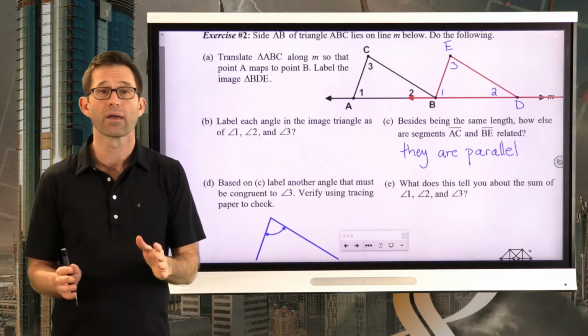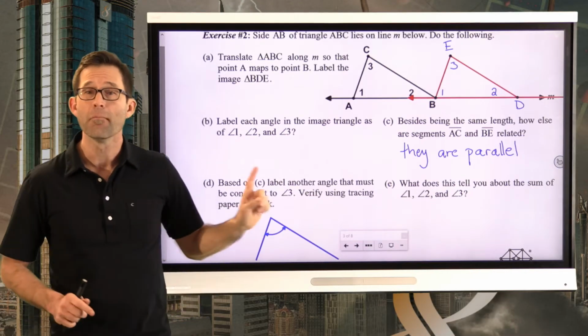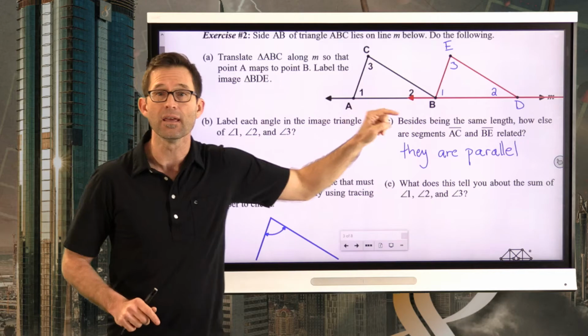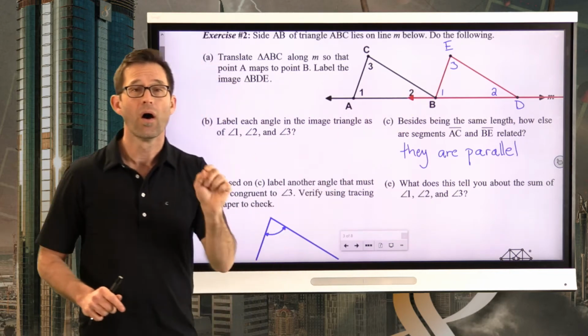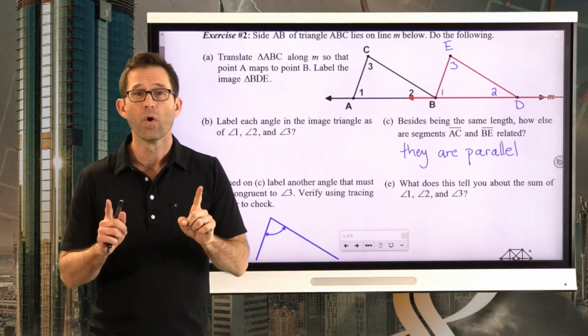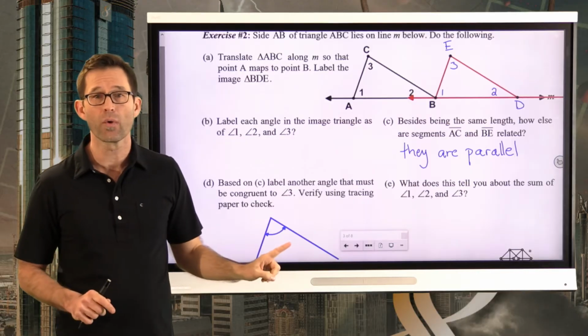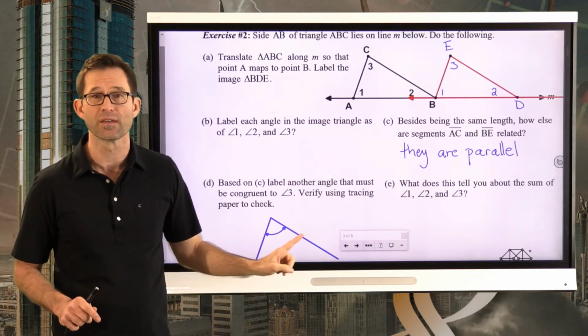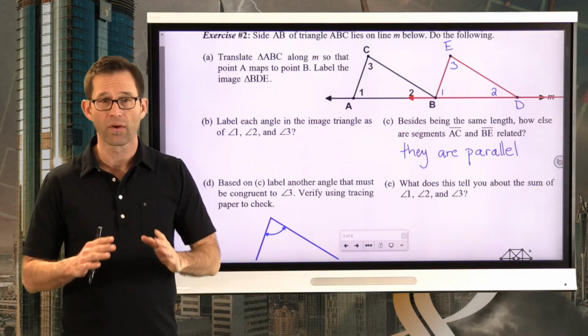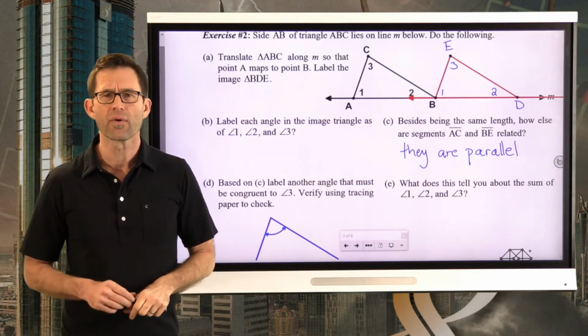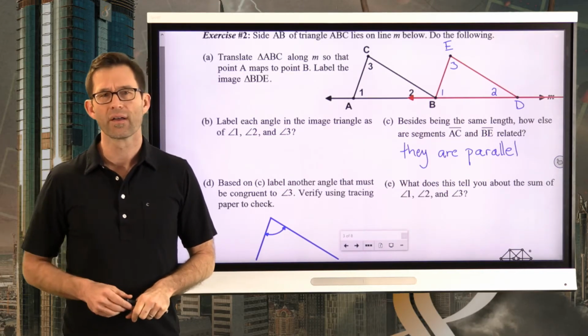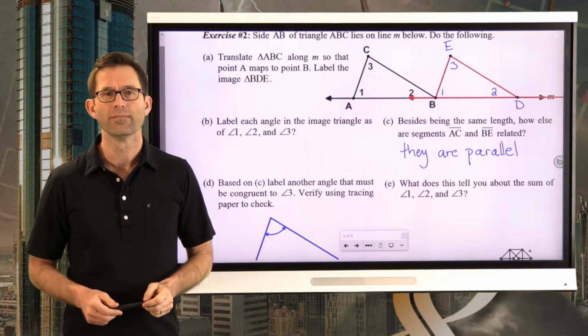That you can say, hey, this angle is the same as angle 3 based on the fact that AC and BE are parallel to one another. Which one of those angles is angle 3? Don't worry about this down here. This is just my tracing paper that I've traced out angle 3 on. See if you can figure out another angle that is congruent to angle 3. Pause the video now.